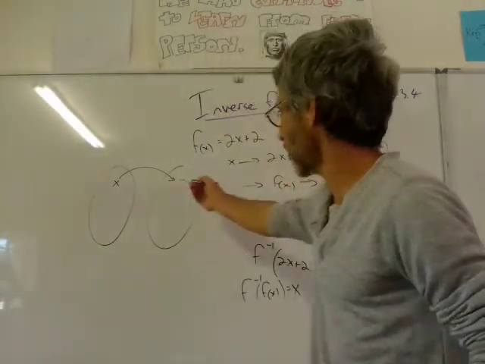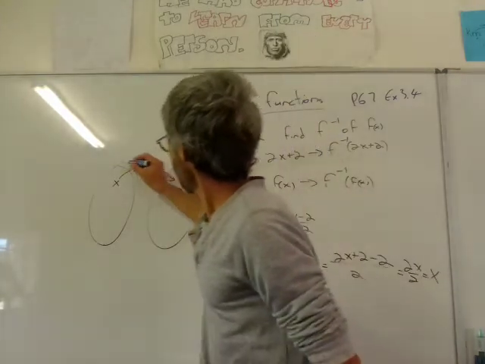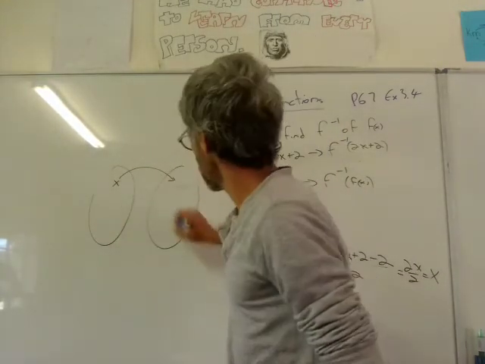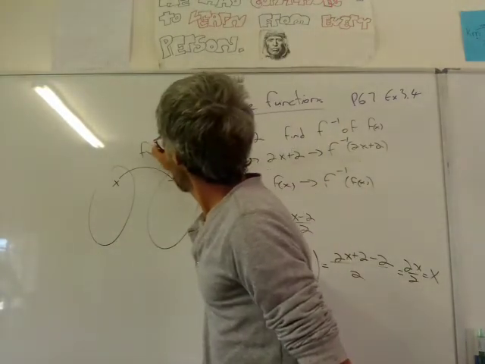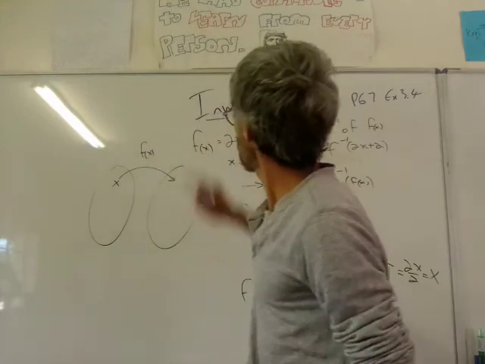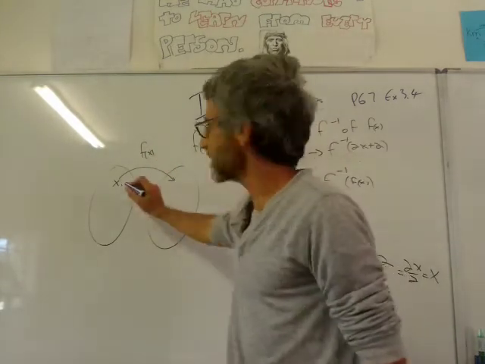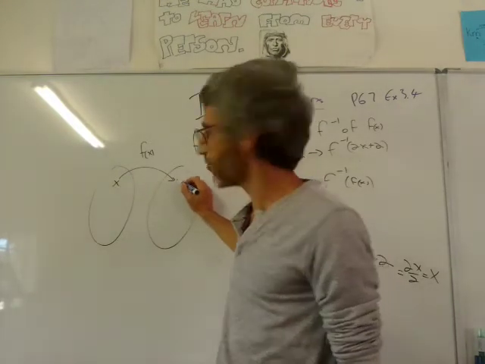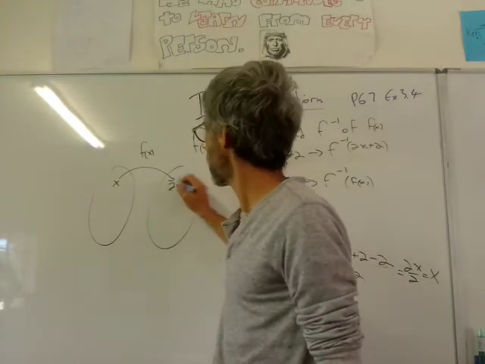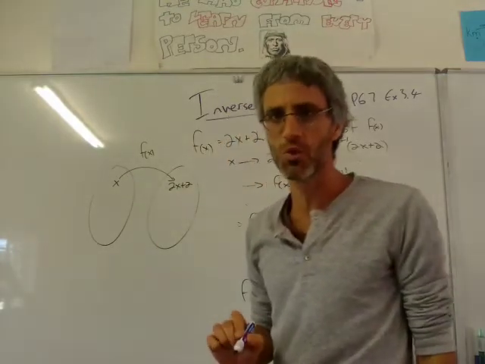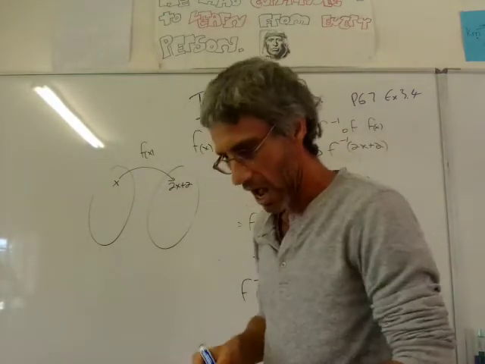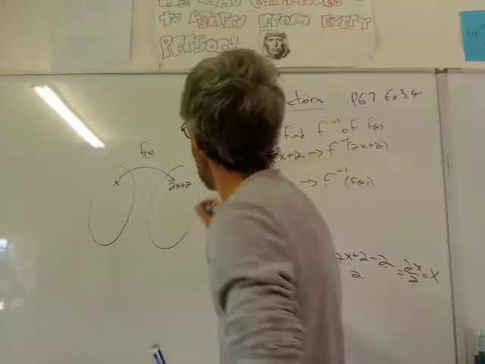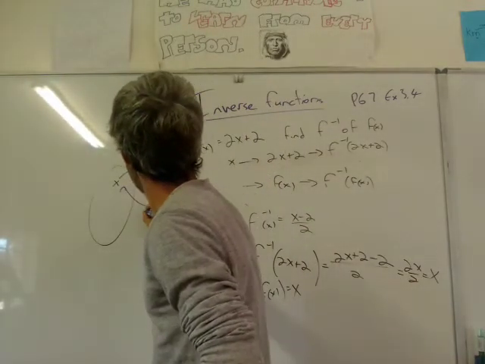Why? Let's look at that picture. We've got a domain, and we've got the range. The original function, f of x, 2x plus 2, takes an x and brings it to a certain value of y. Which value of y? 2x plus 2. Now, I then built the inverse function of x.